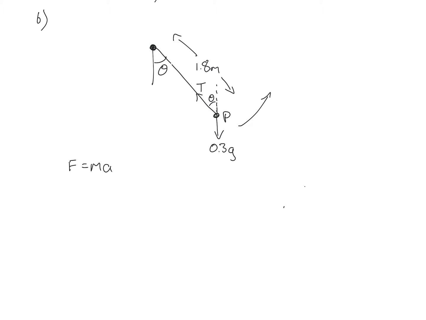So vertically, I can do this. So T cos theta minus 0.3 g equals 0 acceleration vertically. We know T is 15. We know the angle is 25.